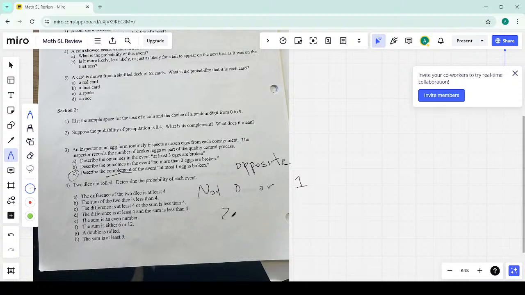So that would mean 2, 3, 4, 5, all the way to a dozen, which is 12. So that would be the complement. So basically, the complement of the event, at most 1 egg is broken, is 2 to 12 eggs are broken, or at least 2 eggs are broken.